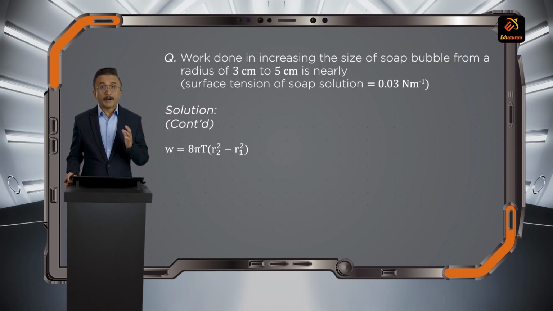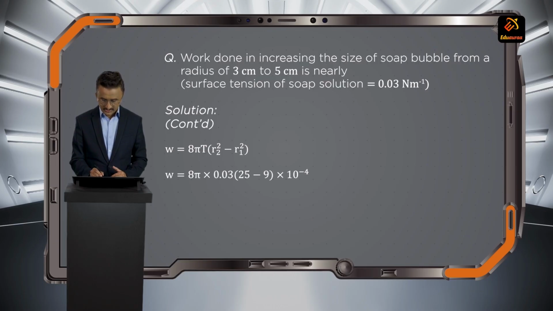And we have to keep pi as it is, because in the options, the answer is given in terms of pi. So it is 8 pi into 0.03 into R2 square, which is 5 square, so it is 25, minus 3 square, so it is 9. But it is in centimeter.